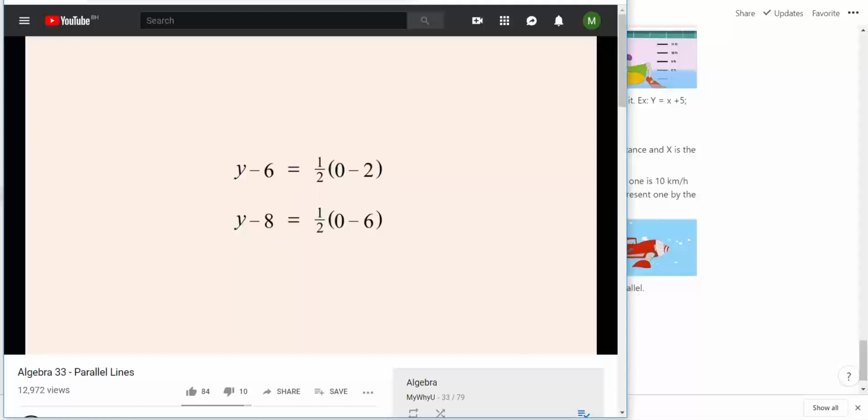To solve the equations for y, we first eliminate the zeros and complete the arithmetic, multiplying 1/2 times -2 to get -1, and 1/2 times -6 to get -3.